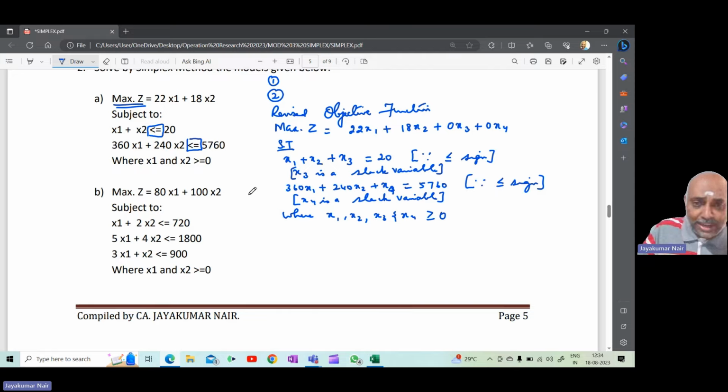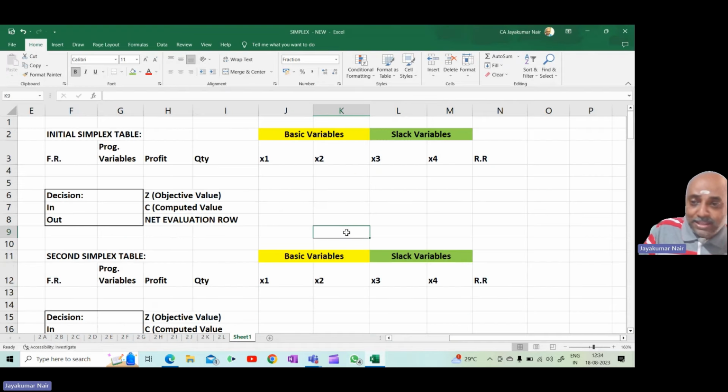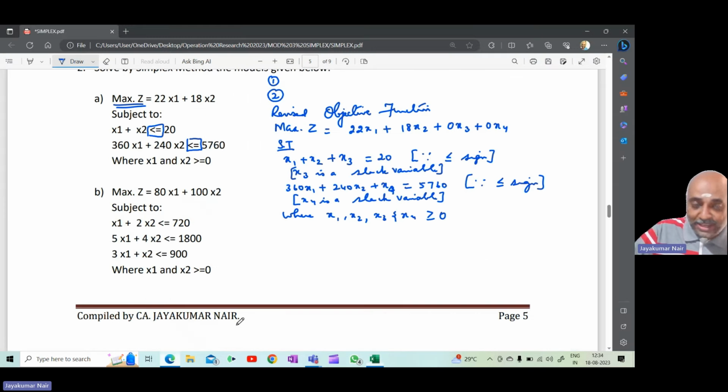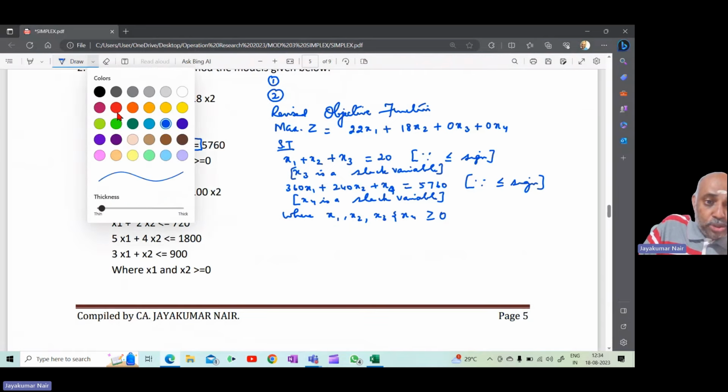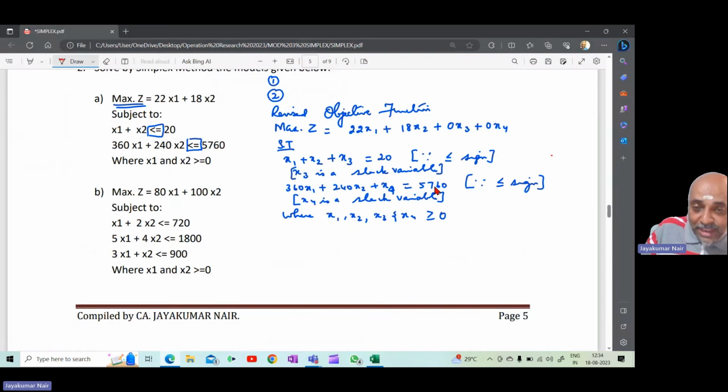Now, after you write this step, the next step is to prepare the initial simplex table. So in the initial simplex table, from the model that you have constructed, you take the slack variables. Remember, we don't start with the basic variables.